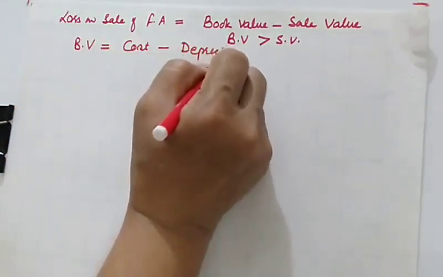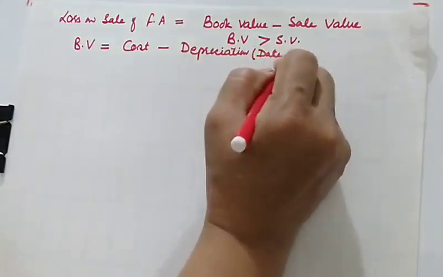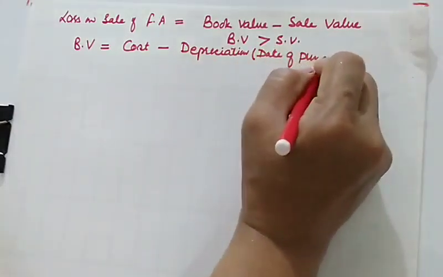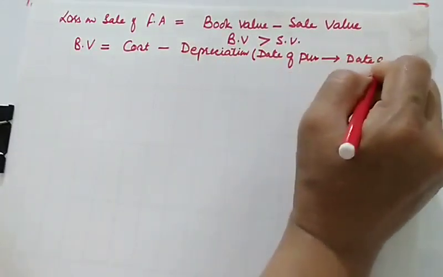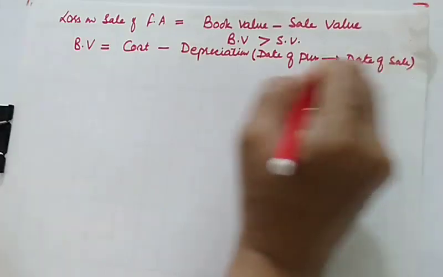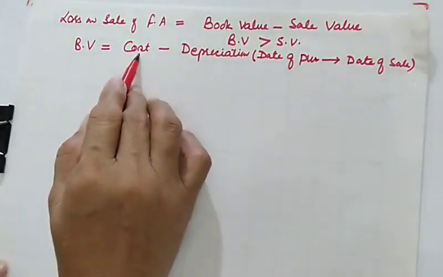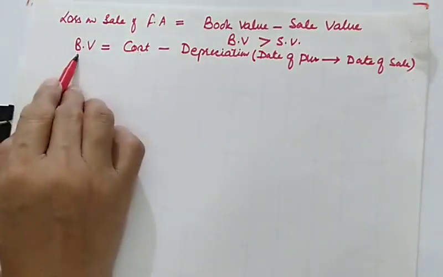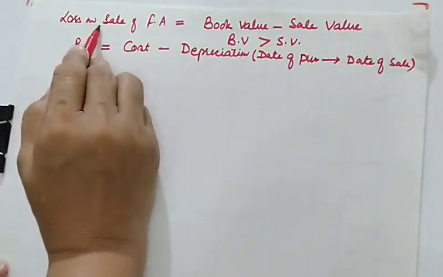depreciation. And this is not 1 year's depreciation, from date of purchase till the date of sale of an asset. Date of purchase means whole lifetime depreciation of the asset will be deducted from cost, then we'll get book value, and from book value if you deduct sale value you will get loss.